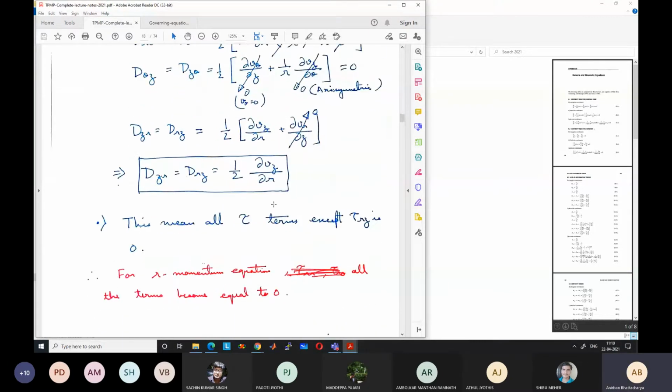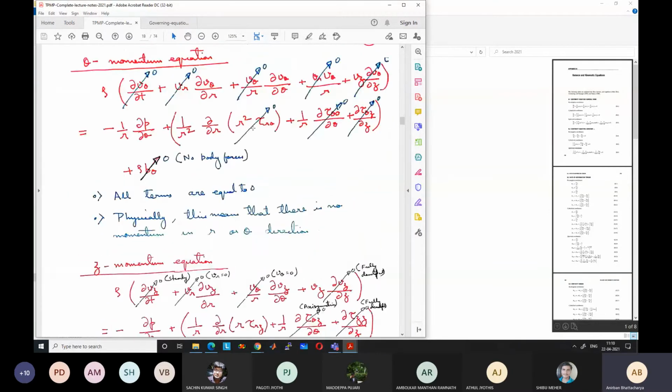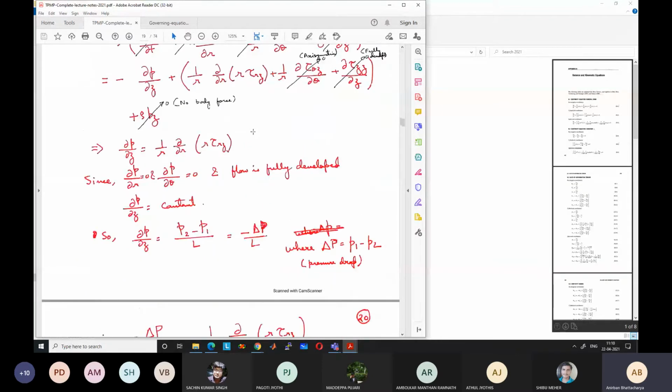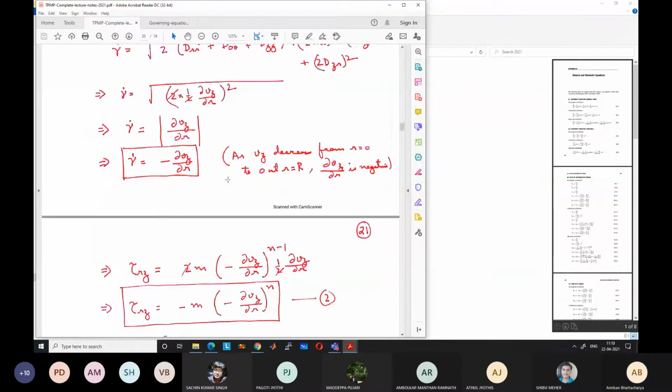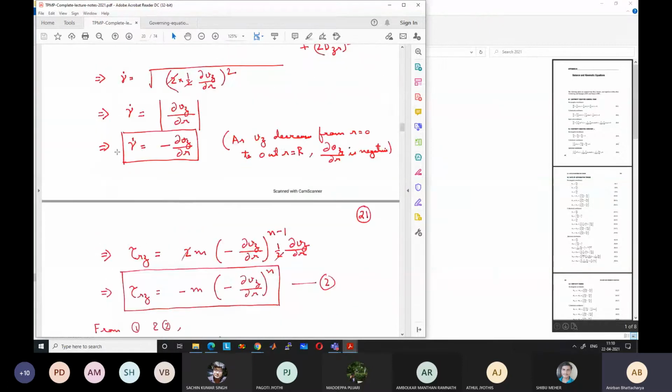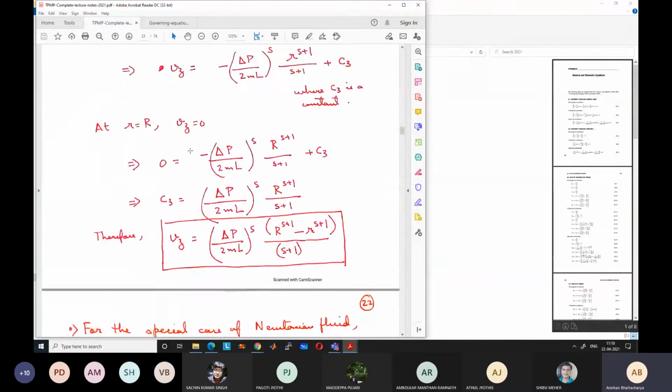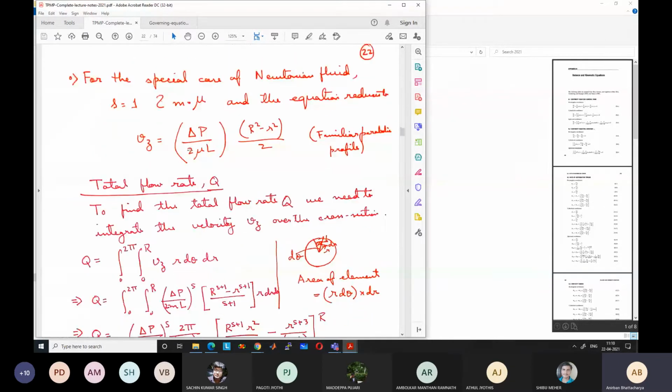So based on this, we found what is nu dot, the magnitude of the strain rate, which was equal to minus dou vz by dou r. We did some calculations and found the velocity profile. For a Newtonian fluid, it was the familiar parabolic profile.